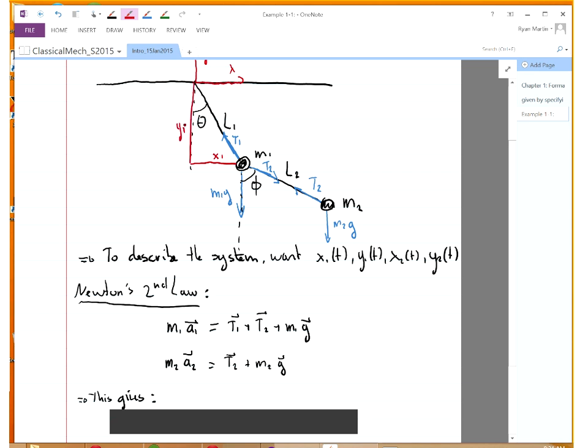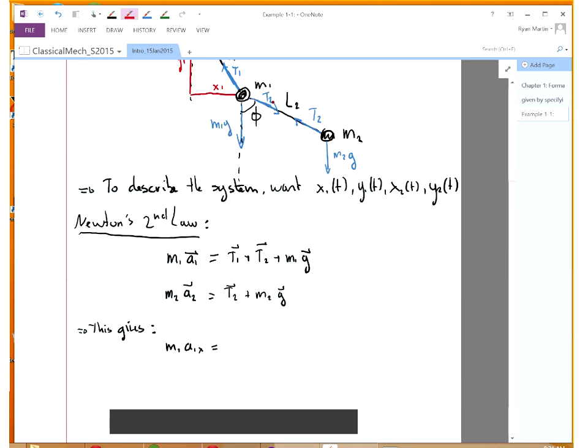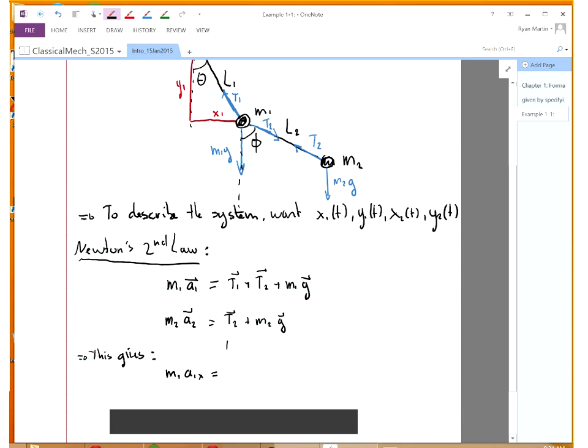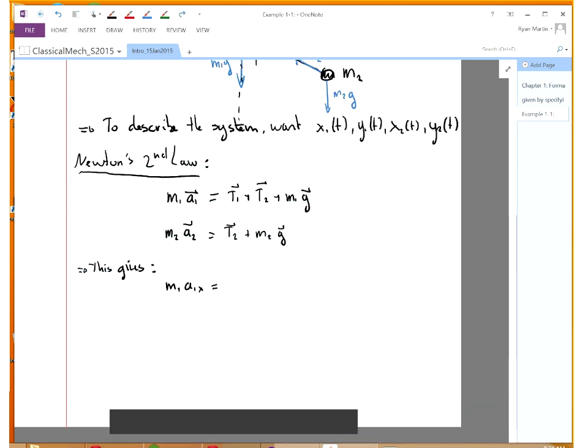So sine theta is x1 over L1. If I look at T2, its x component is in the positive x direction, and it's T2 sine phi. And then T1 is in the negative x direction, and so it's minus T1 sine theta.